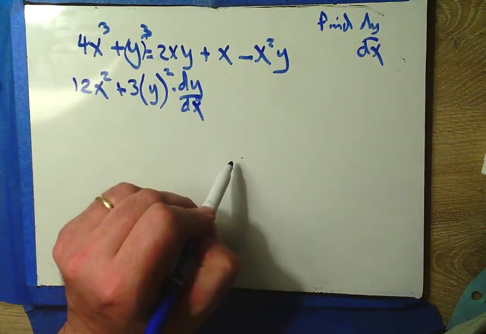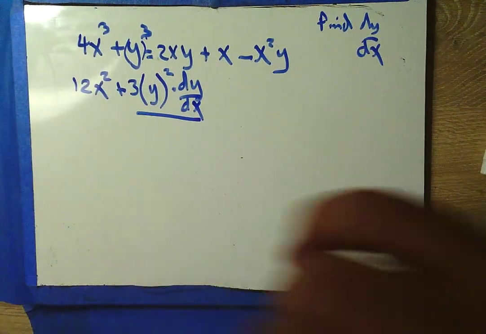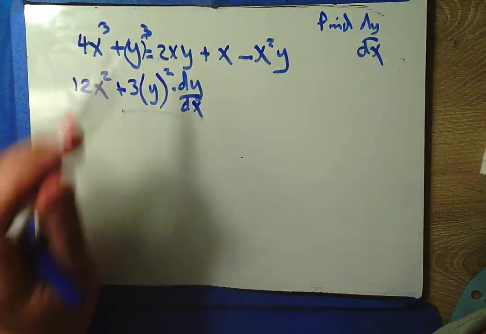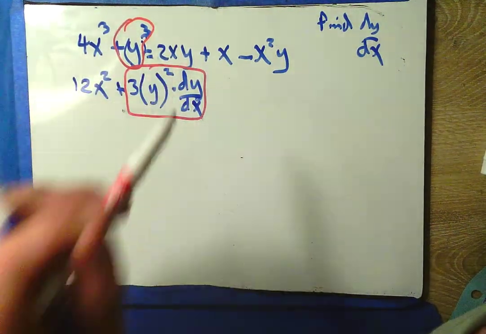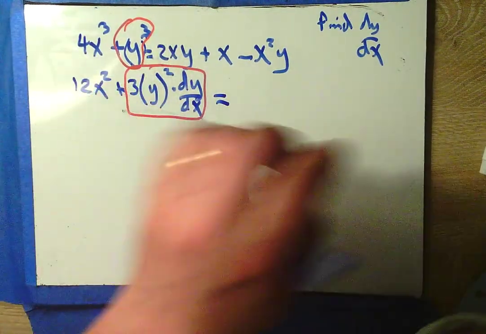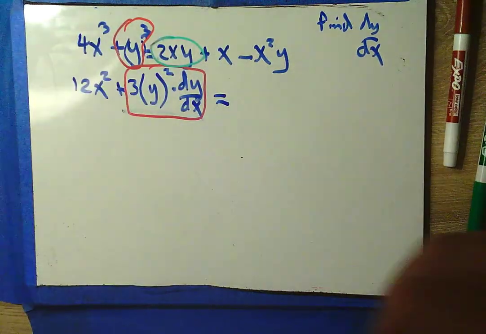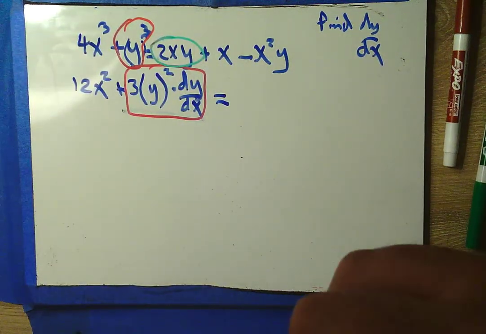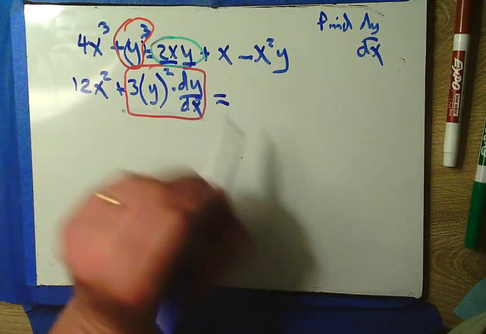respect to x. Okay? So this, let's use a different color. The derivative of this is all of this. Then we come to our equal sign, and oh look, I see a product. So I'm going to use the product rule, and I'm going to choose to group this as 2x and y.